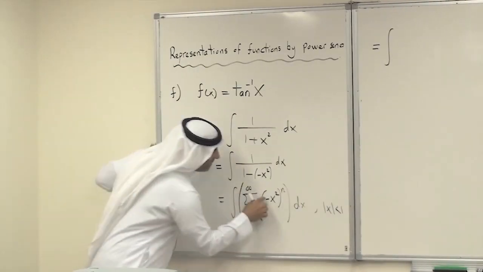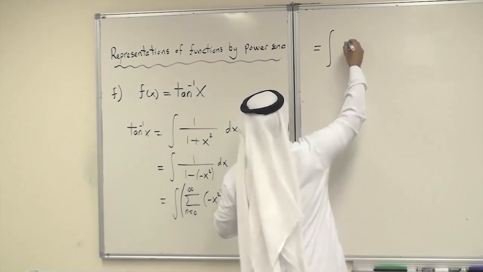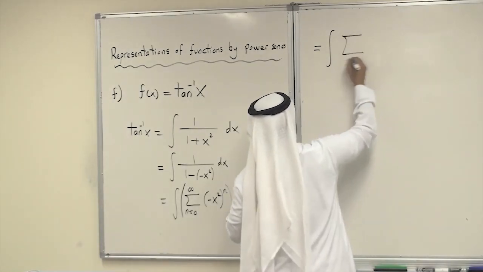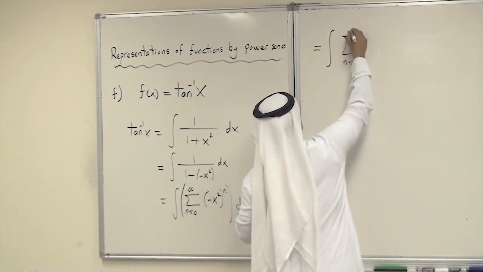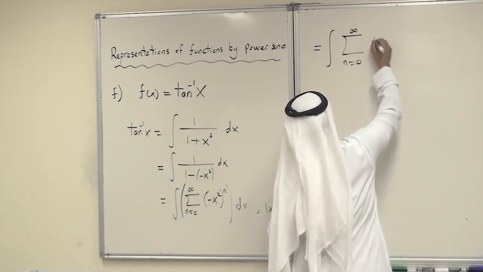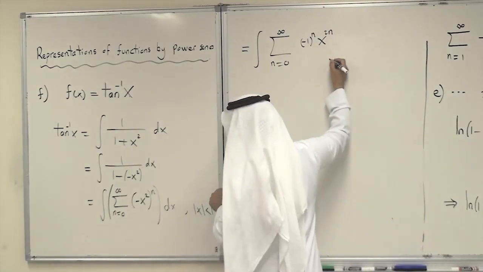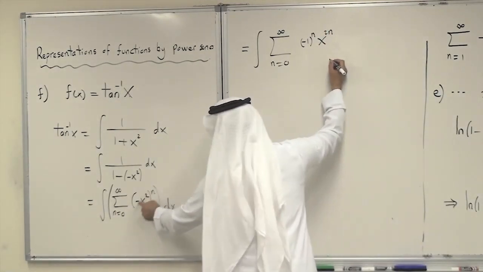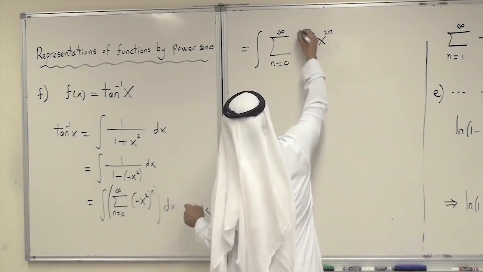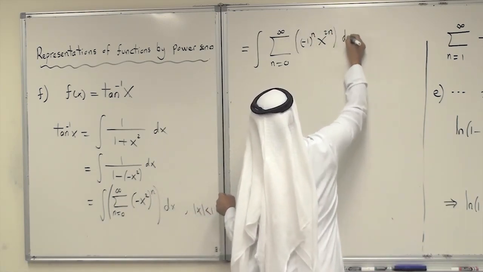I will write this as (minus 1) to the n, x to the power 2n first. So that is just the summation, n equal to 0 up to infinity, of (minus 1) to the power n, x to the power 2n. And I need to integrate all of this with respect to x.